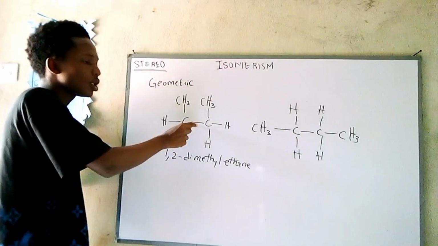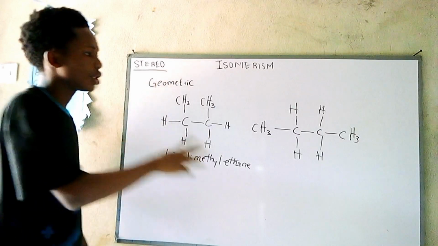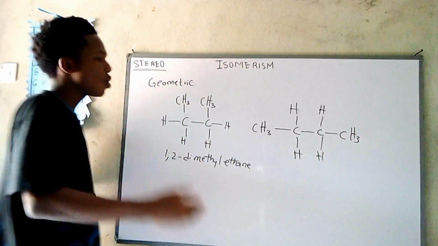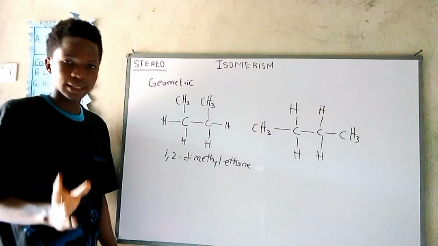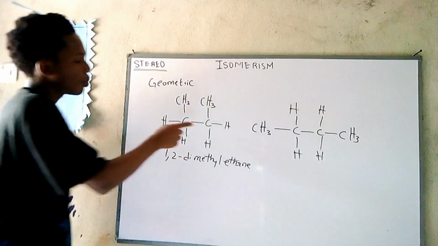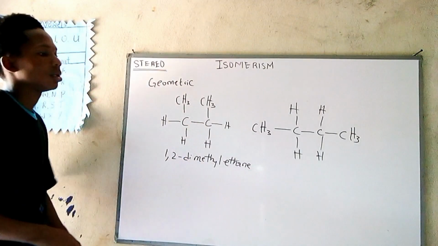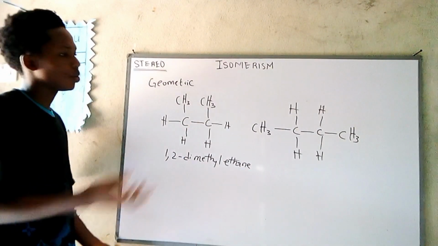Because of the single bond here, this substituent can rotate and change its position, so however you count it, they will always appear the same. But now, if we change this to a double bond, what will happen? There will be resistance to the rotation.